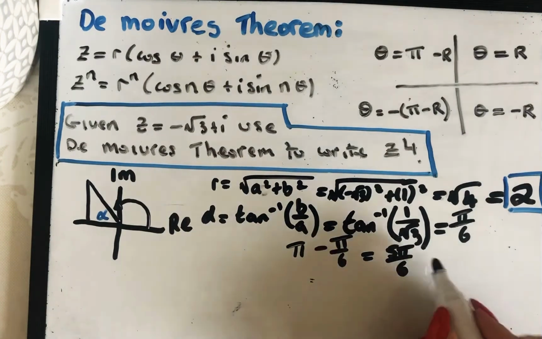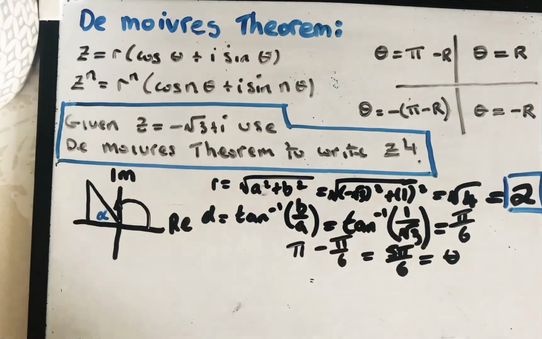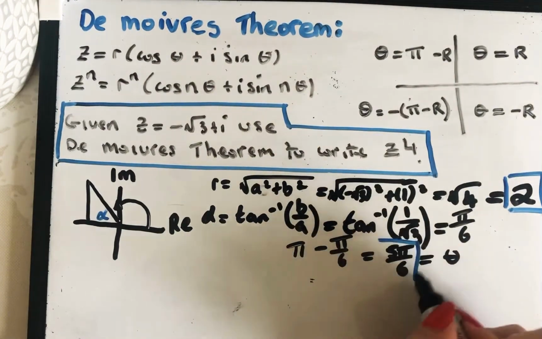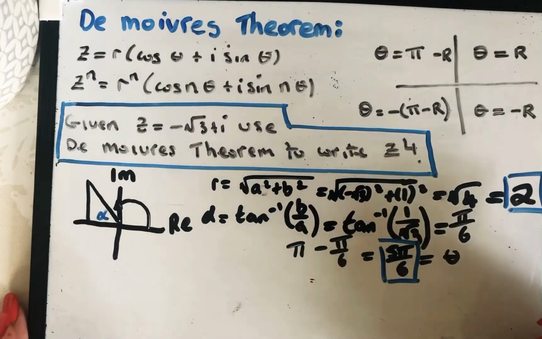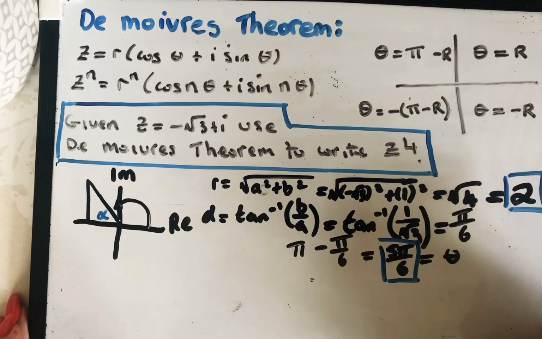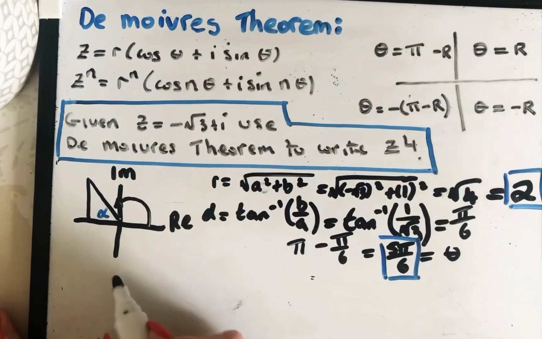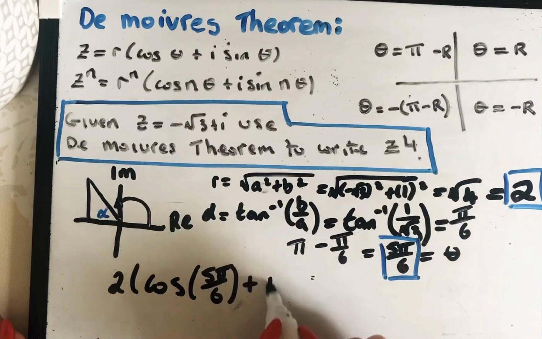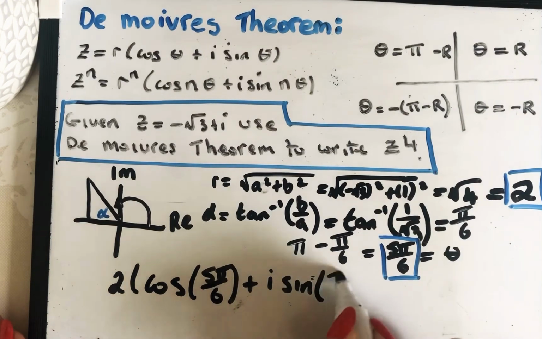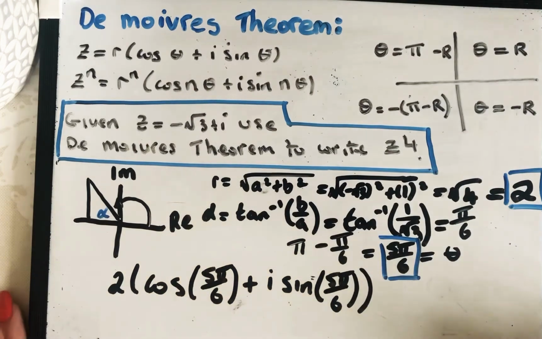So that's the value of our theta, 5 pi over 6. Now let's input both of our numbers into our polar form equation before we can move on to De Moivre's. So we have 2 cos 5 pi over 6 plus i sine 5 pi over 6. That there is our polar form.